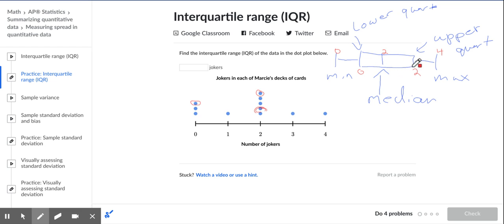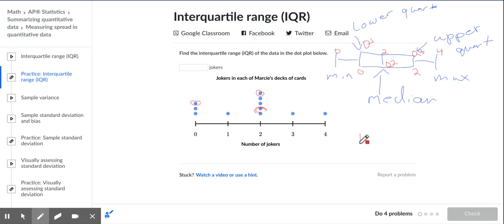So now that I have all of these labeled, I can find my interquartile range. We often call these Q1, Q2, and Q3, just by the way.